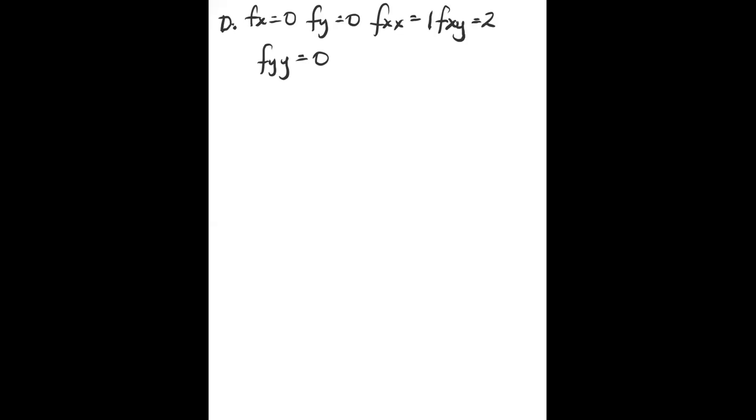We're going to do 1 times 1 minus 2 squared. 1 minus 4 gives me negative 3. Any negative point, this is the student's favorite normally. Anytime you get a negative, you get a saddle point. There's no other work involved. You just go, hey, it's negative, it's a saddle point. All right. E's going to give you a saddle point as well.